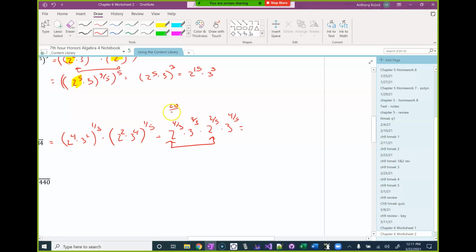That's going to be 20/15 and 6/15 to make 2 to the 26/15. Similarly, I'm going to combine those 3's together. Again, common denominator, that's 10/15 and 12/15 to make 22/15. So far, so good.